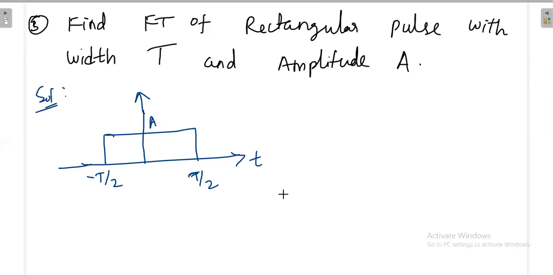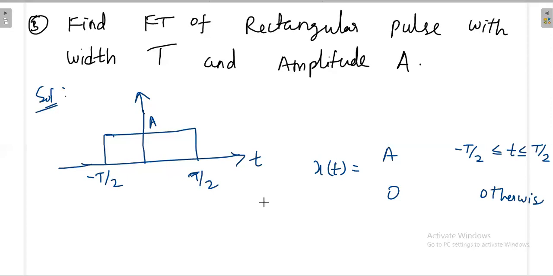So we can represent x of t is equal to A whenever the time is between minus T by 2 to plus T by 2, and 0 otherwise. This is the mathematical representation. Then we can find the Fourier transform.